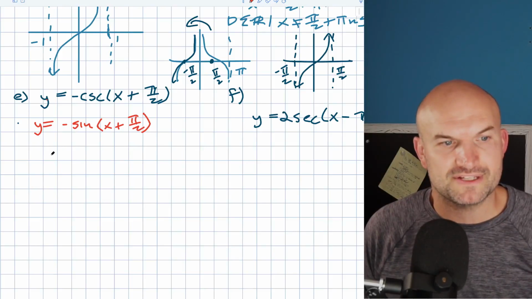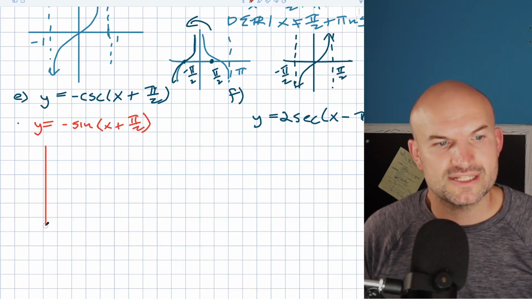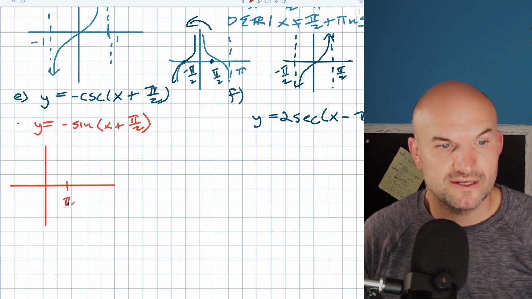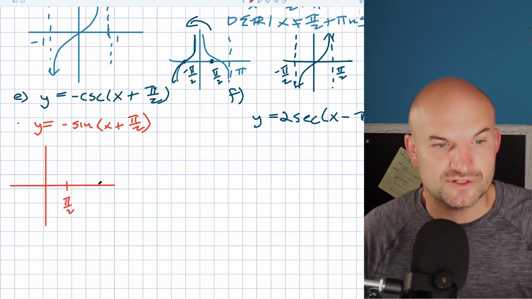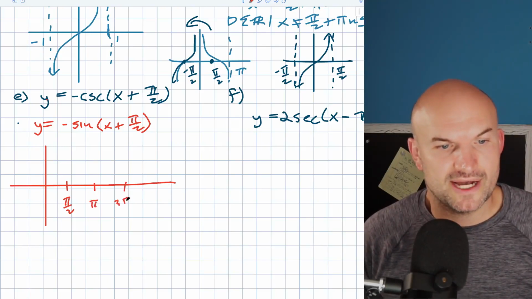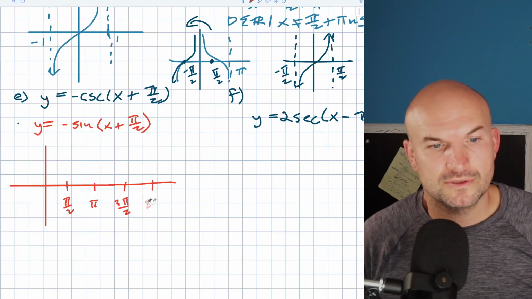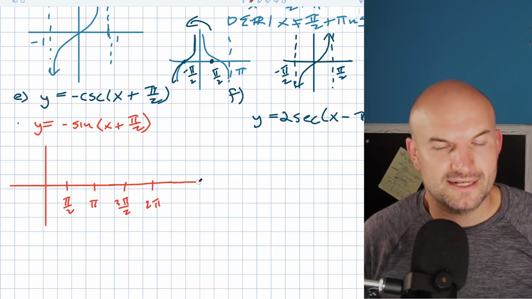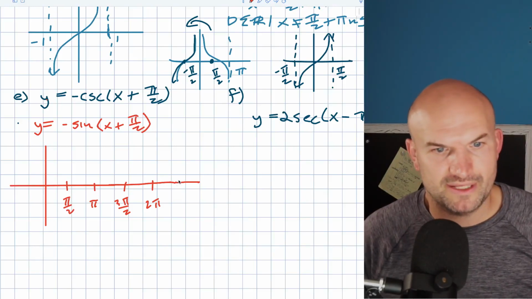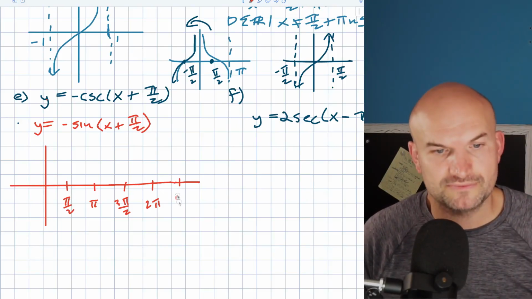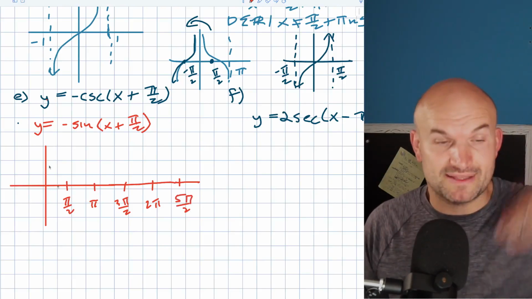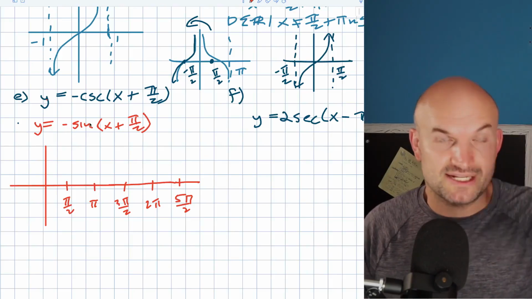If I was going to graph this, notice this is the sine graph being shifted pi halves to the right. Here's pi halves. The x scale is still every pi over 4, so pi halves, pi, 3 pi over 2, 2 pi, 5 pi over 2, and 3 pi. It's being reflected about the x-axis because the negative is on the outside instead of the inside.